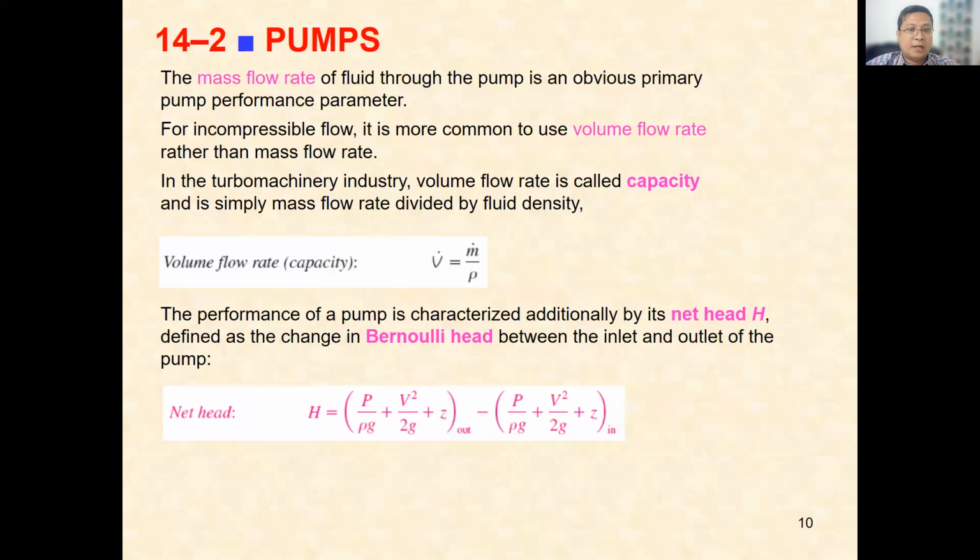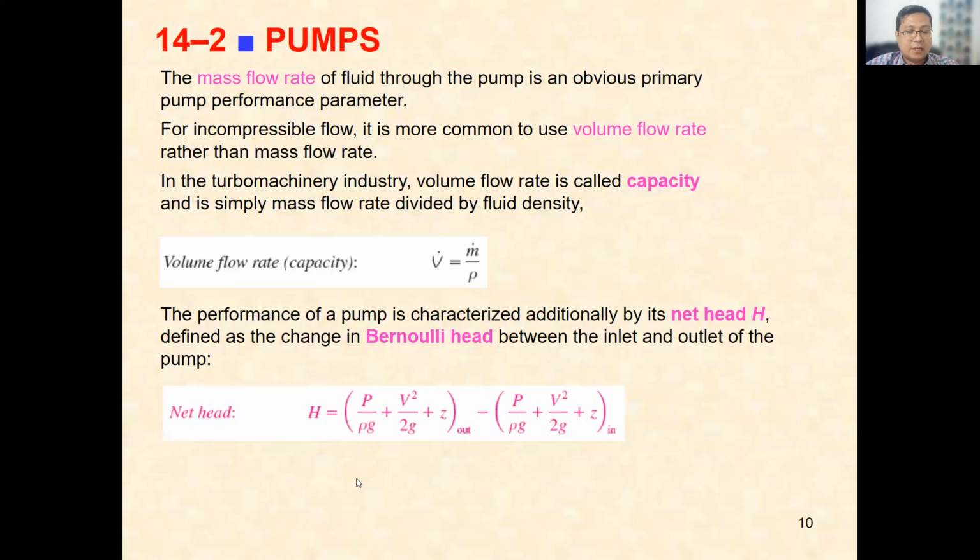To calculate the Bernoulli effect, remember the final result has to be in the unit of meters. So the final formula becomes like this, as mentioned in the slide.